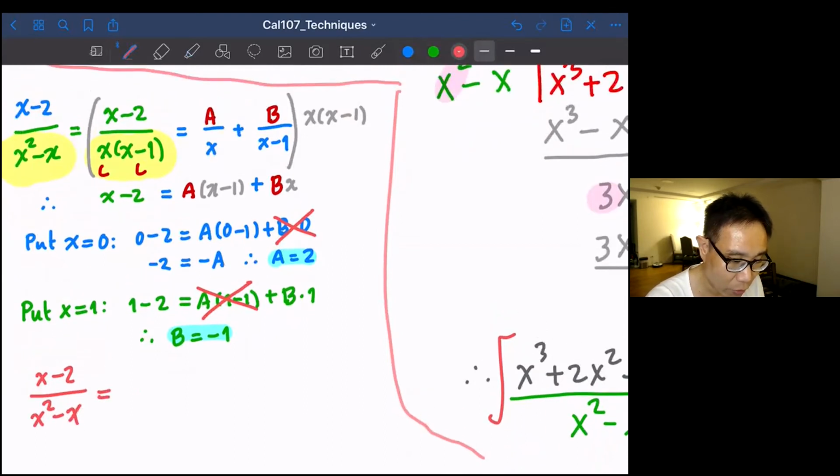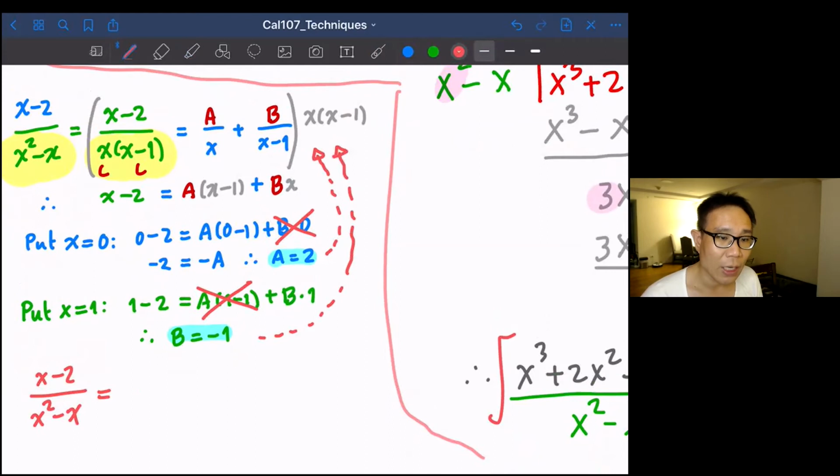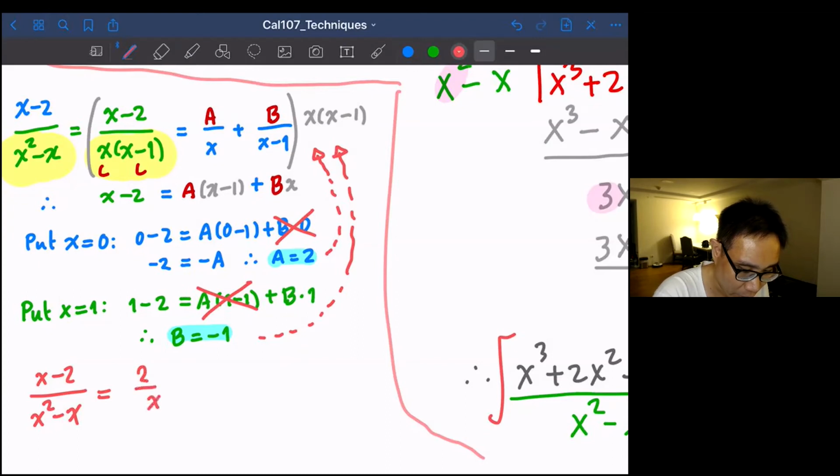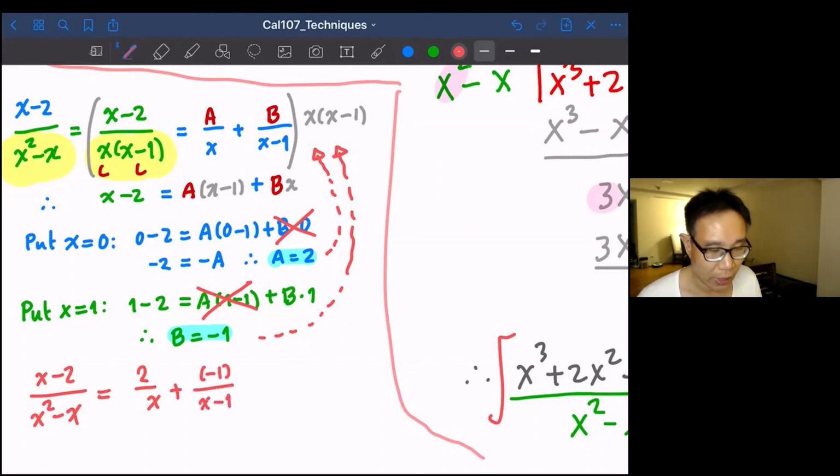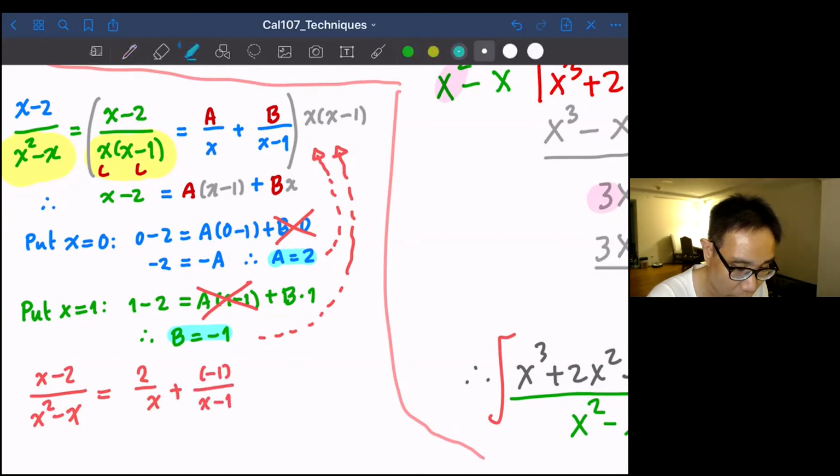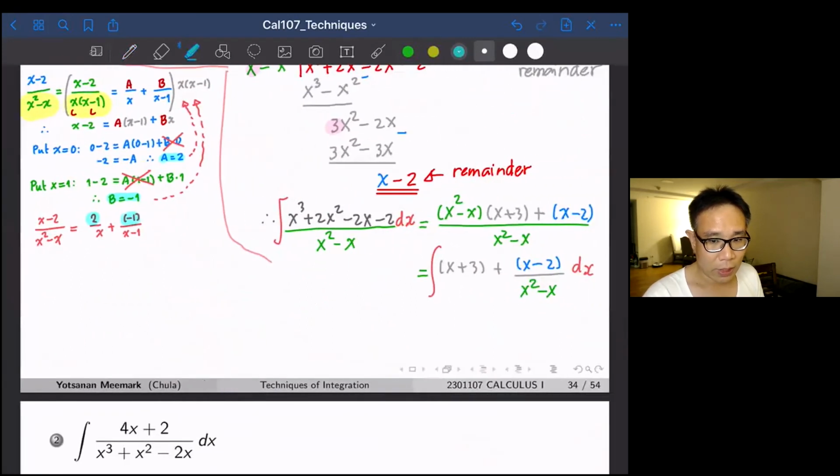So you put a and b back into the decomposition, and it's going to be 2 over x plus -1 over (x minus 1). You see that these are the 2 and -1 that you have been finding.